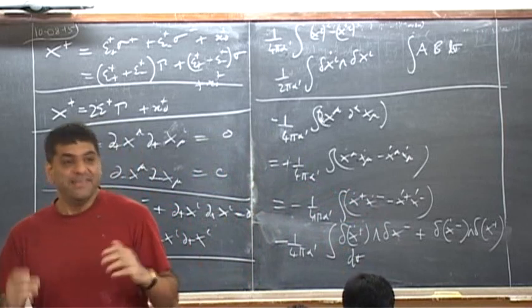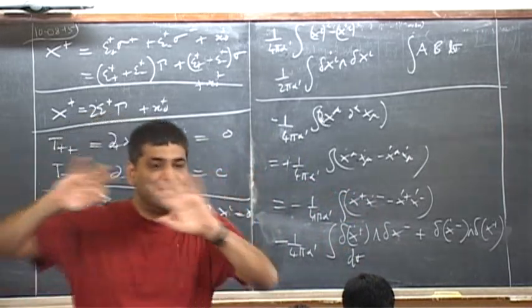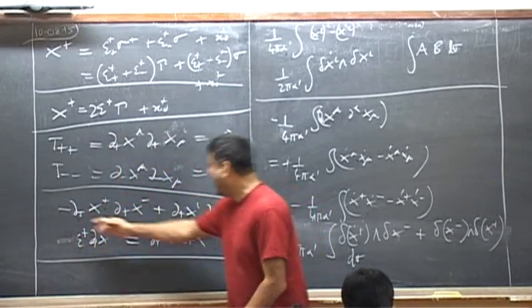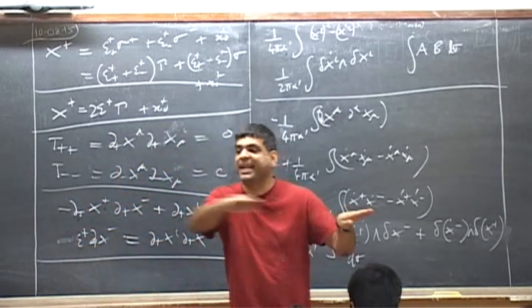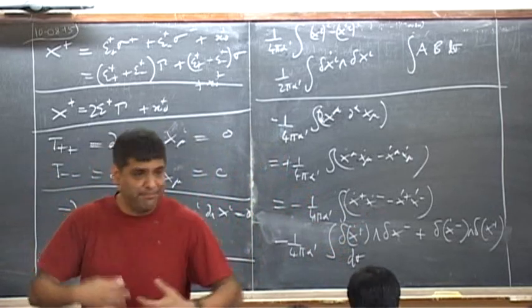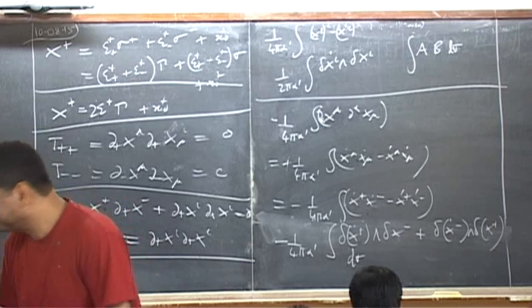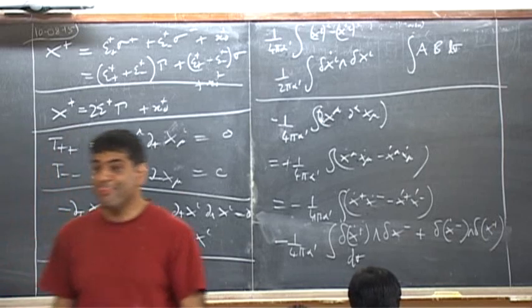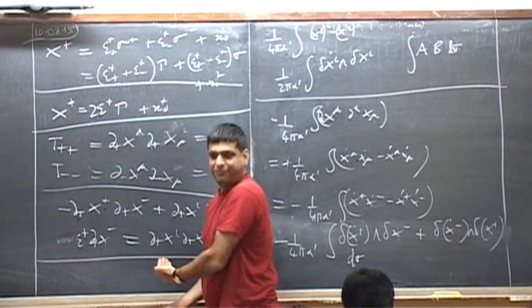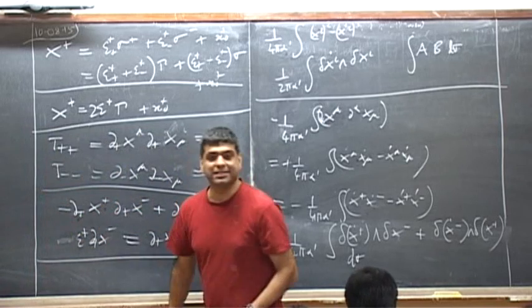Okay? Now, let's go back to our general strategy for quantization. You see, what we did was to get rid of a whole lot of degrees of freedom in X plus by using diffeomorphism. And then we use the constraint to eliminate a whole lot of other degrees of freedom. Those are X minus.